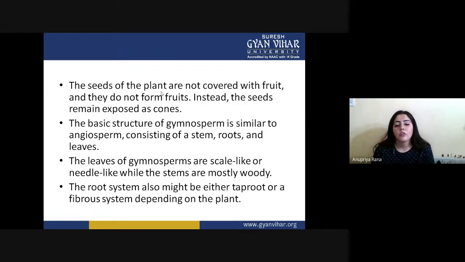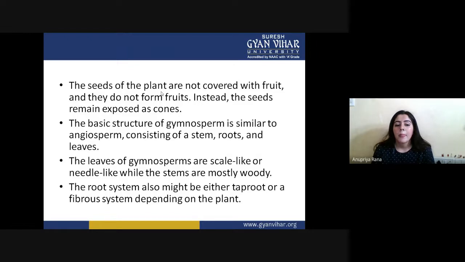So for the reduction in transpiration rate, they modified their leaves into thorns, scales, or very fine thin structures that can be called needles, scale-like leaves, sometimes thorns. These are the modifications of the leaves done for reduction in the transpiration rate.